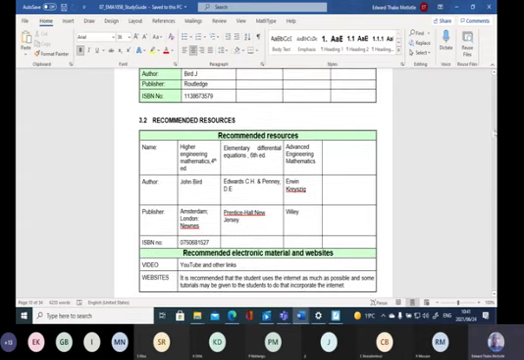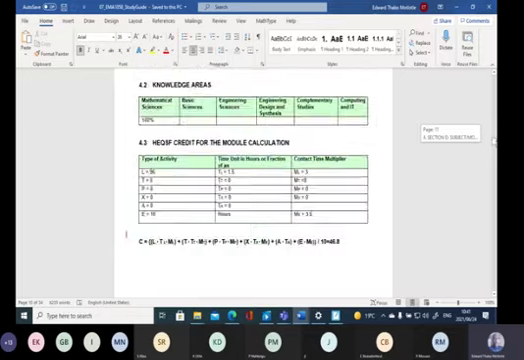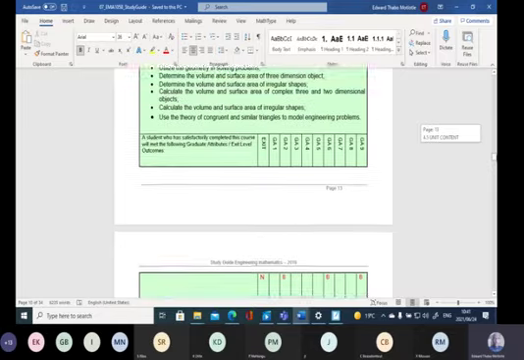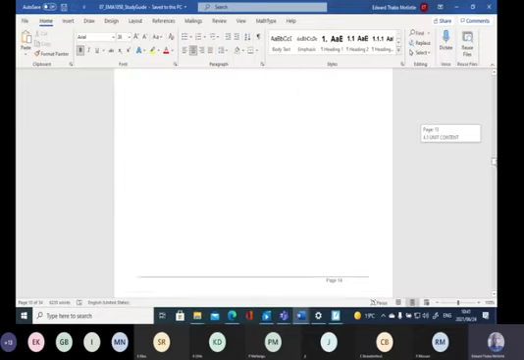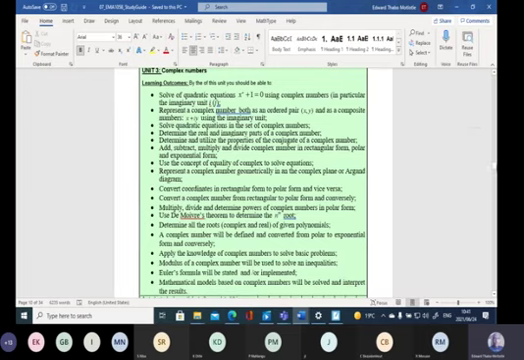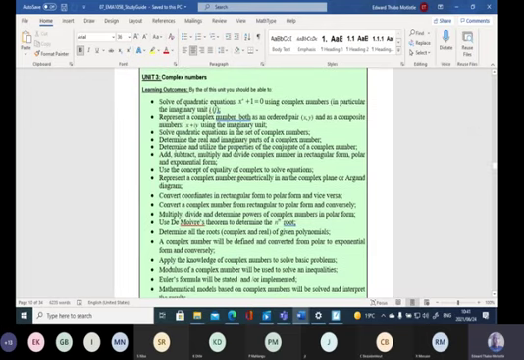But this document is the most important document. It tells you what you must do and what you must cover. For instance, geometry I'm not going to cover. You see under complex numbers, this is what you have to cover. You should solve the equation, represent the complex number, solve the quadratic. These are the points.